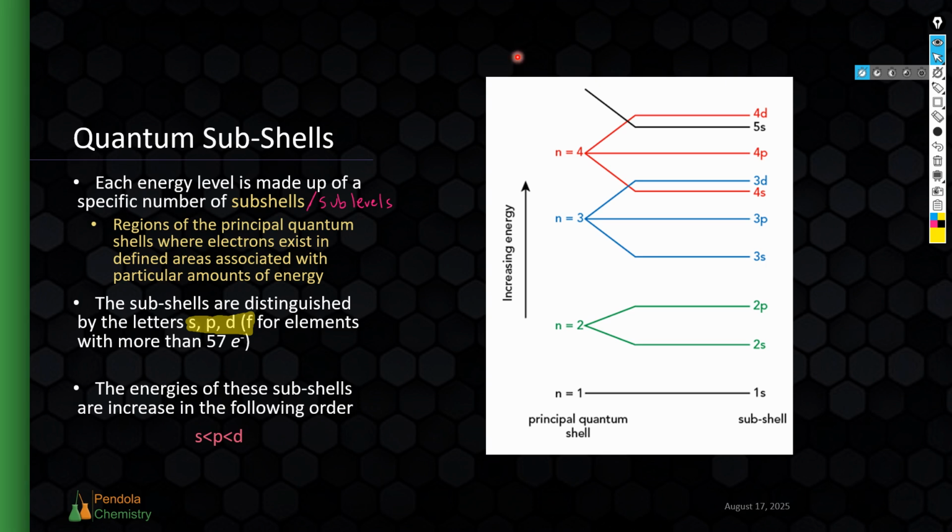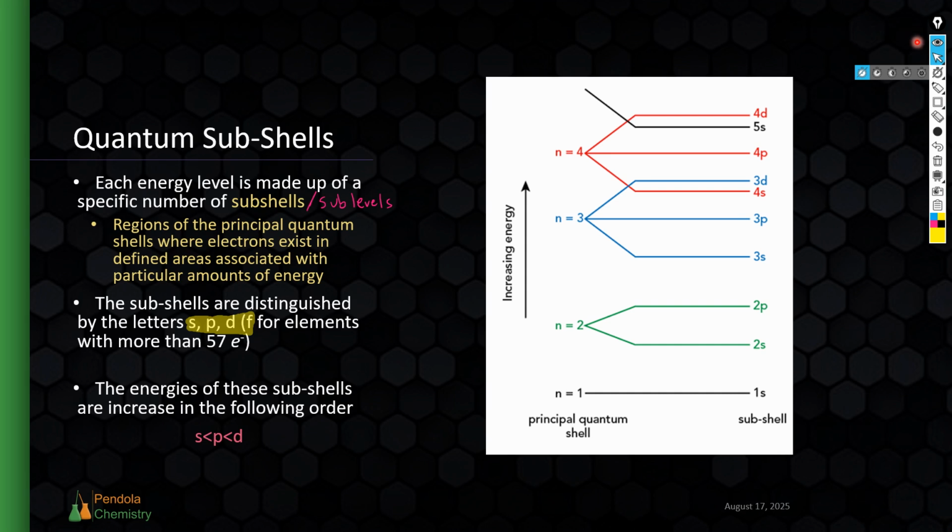So the energy level sublevels are arranged in increasing energy, S, P, D, and F. But you have to be careful with that. Why? When we say that the S sublevel has less energy than the P sublevel, which has less energy than the D sublevel, we are referring to the S, P, and D sublevels within the same energy level.